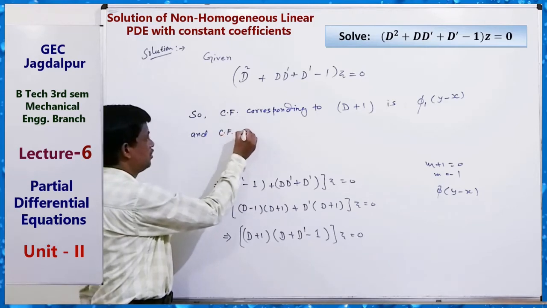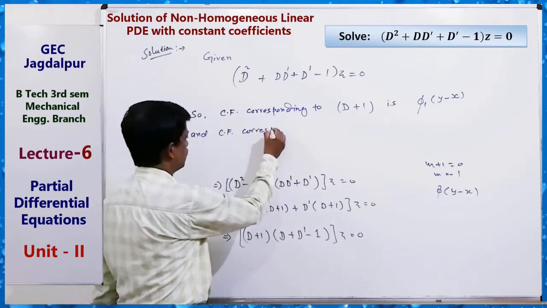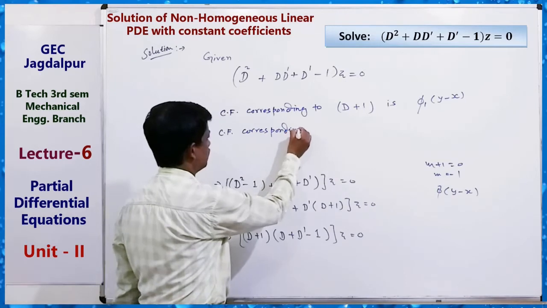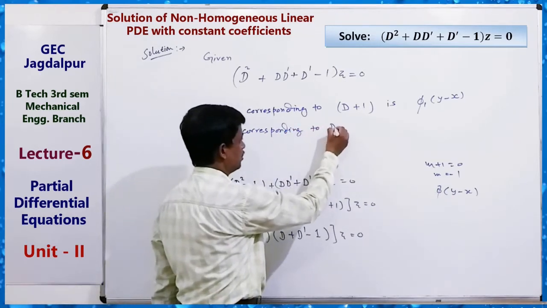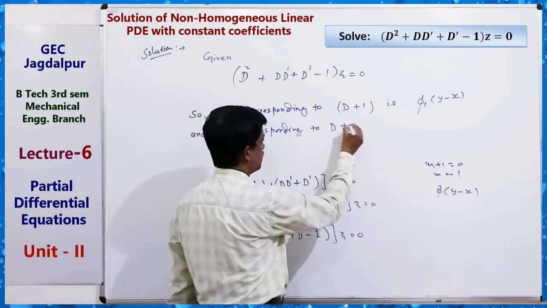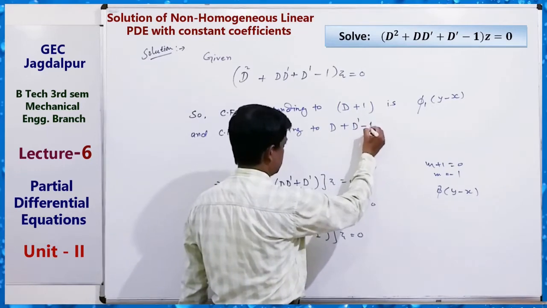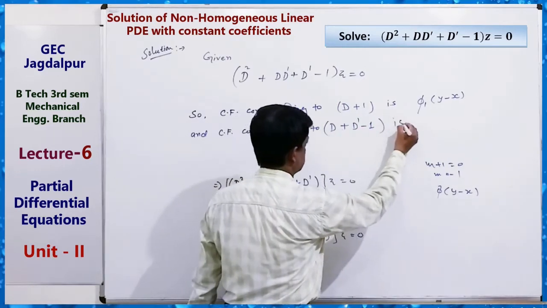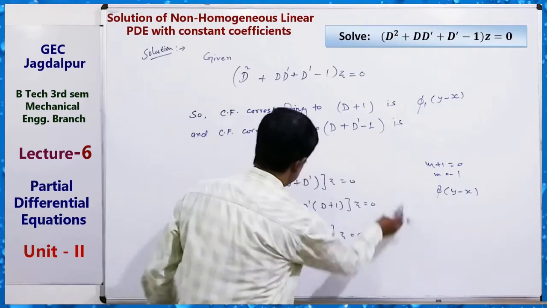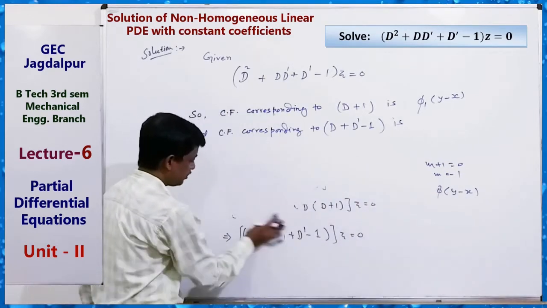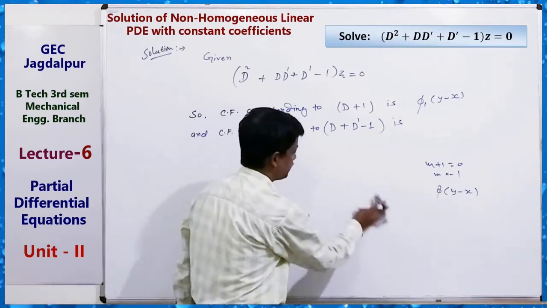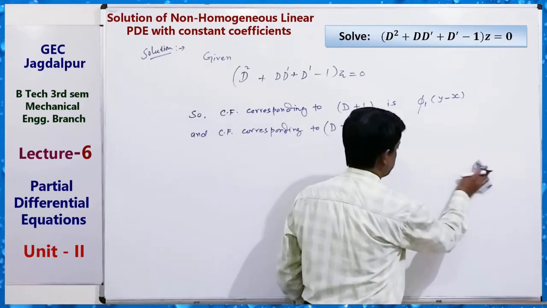And CF corresponding to this factor D + D' − 1, how can we write? We know the formula.